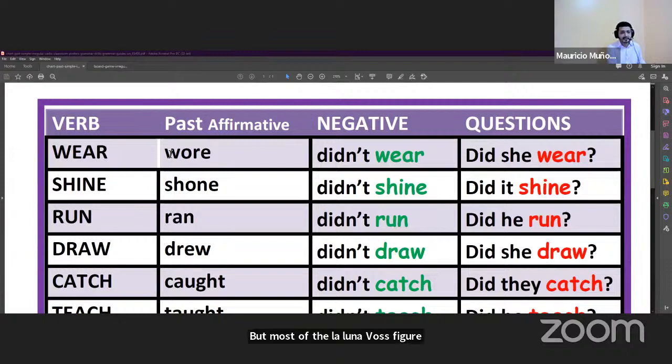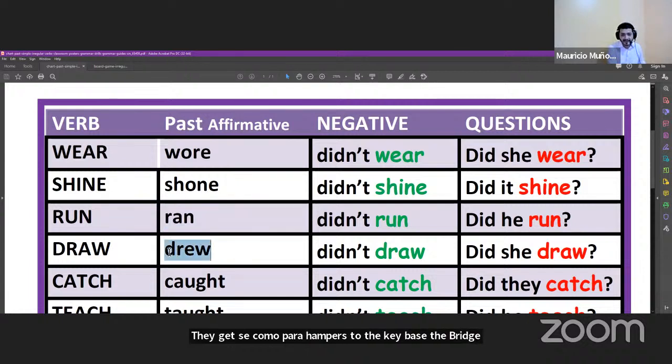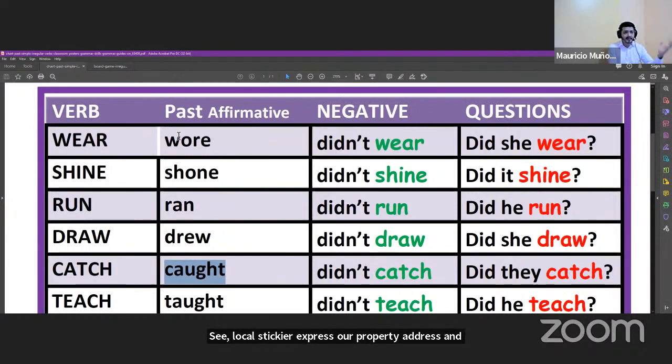Usted quiere decir, como por ejemplo: vestí, brilló, corrí, dibujé, capturé. Si lo que usted quiere expresar o compartir es en positivo, en pasado, utilizamos los verbos, tanto regulares o irregulares, en su forma pasada.